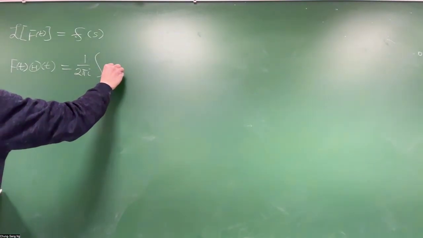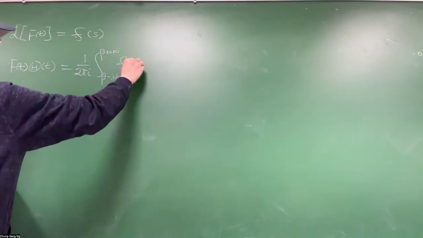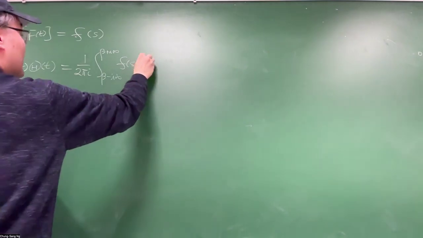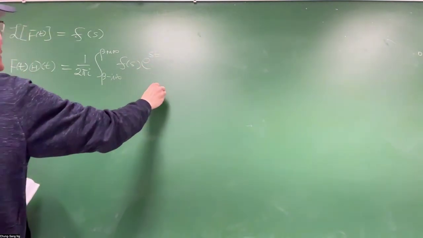But the formula explicitly requires that the function is 0 for negative t, so you can make sure of that by multiplying by the theta function. The formula is 1 over 2 pi i, integral from beta minus i infinity to beta plus i infinity of F(s) e to the st ds.